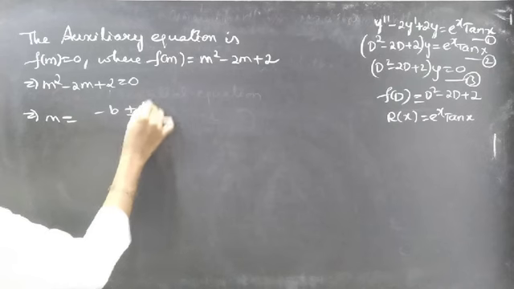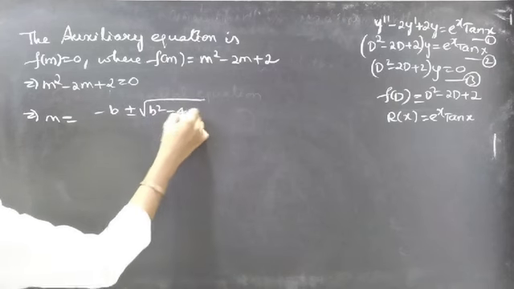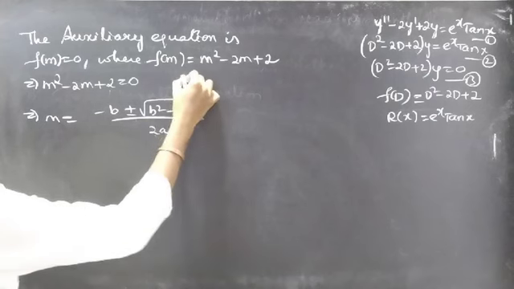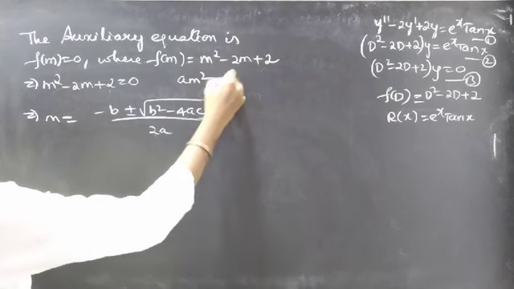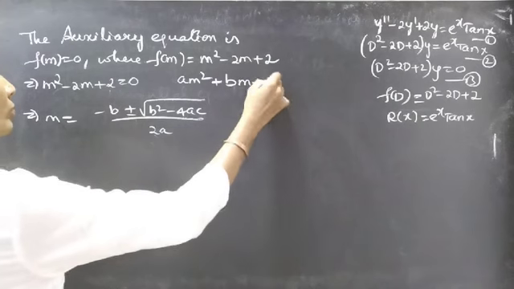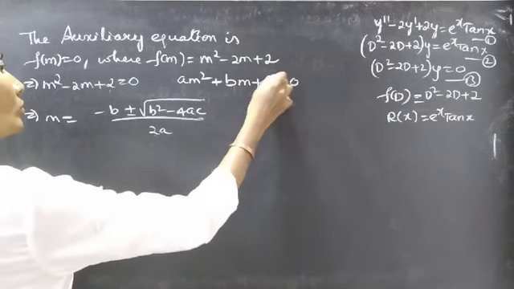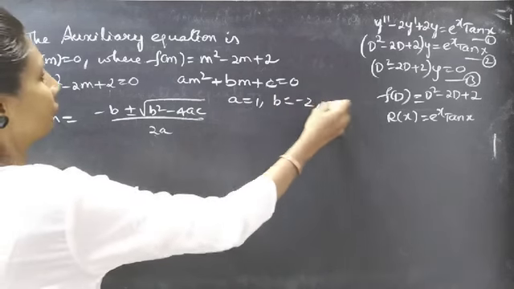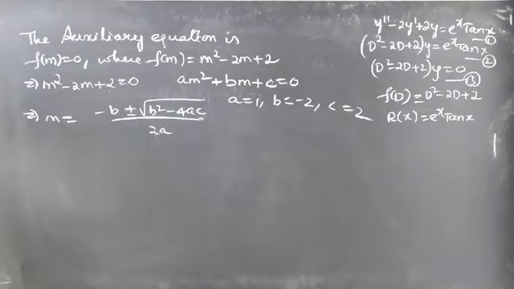Minus b plus or minus square root of b square minus 4ac, by 2a. Just compare this equation with the general form of a quadratic equation to find a, b and c. Now substitute the a, b, c values in this formula.